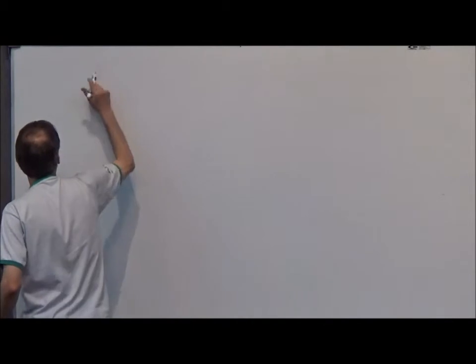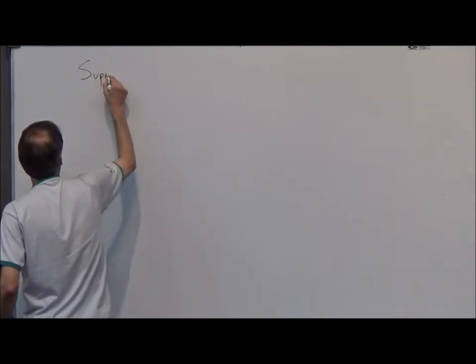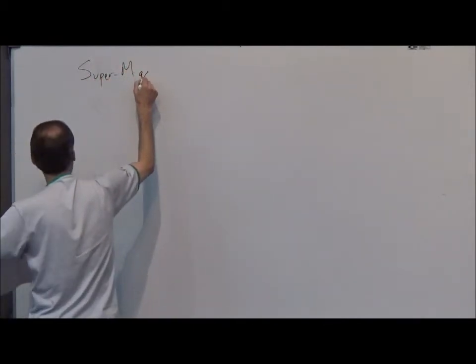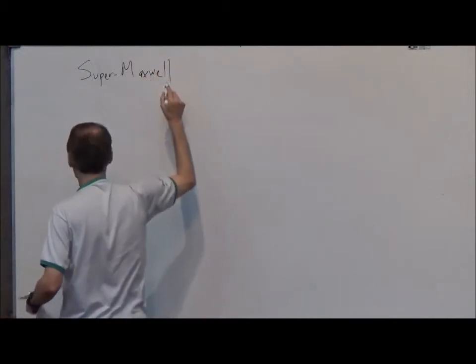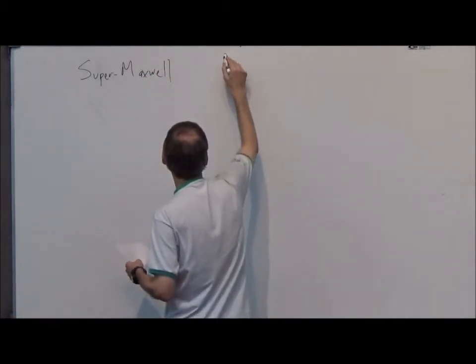What I'm going to do now is discuss the highest dimension of super Maxwell theory or super Yang-Mills theory that we can construct, which is supersymmetric. This is trivial to find because we know we need an equal number of bosons and fermions. Super Maxwell has the following in any dimension.